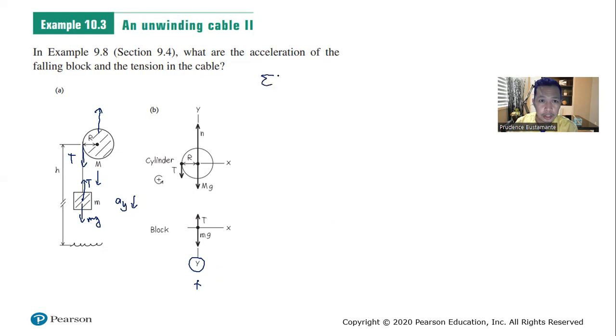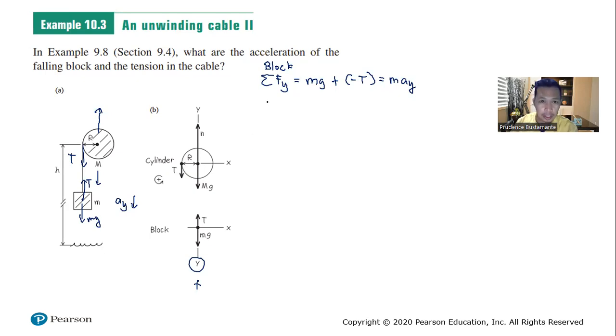From Newton's second law of the block, we have mg plus the negative tension is equal to m a_y, where this is the mass of the block.